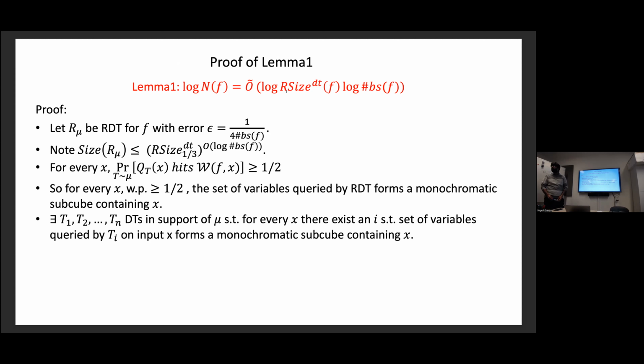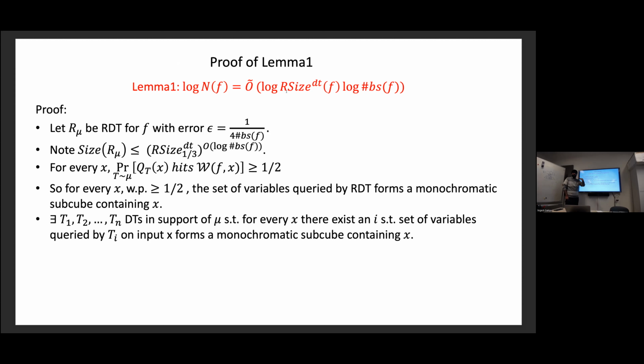So just by rephrasing what you said, just by union bounding, there have to be n trees that will cover all the inputs. Correct. So there is a non-zero probability that there exist n trees in my support of the distribution, such that for every input x, there exists some tree such that if I evaluate my input on that tree, I'll end up in a monochromatic subcube.